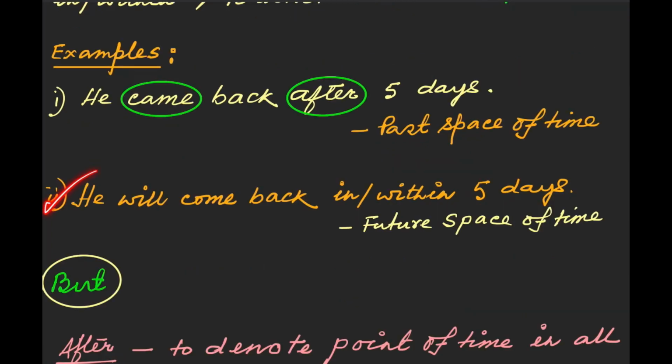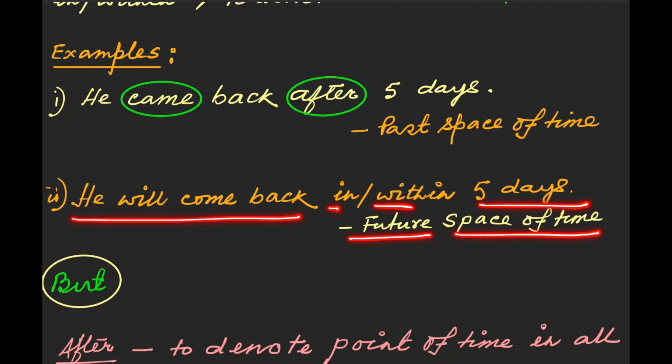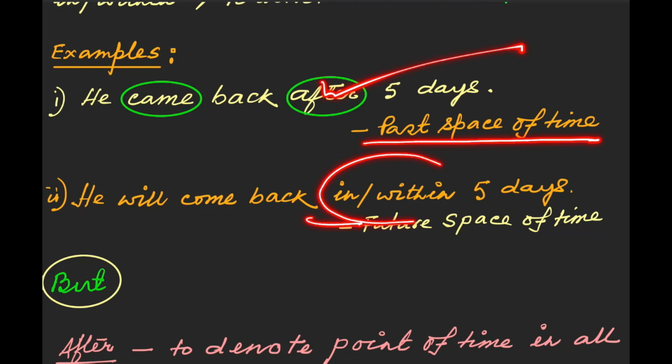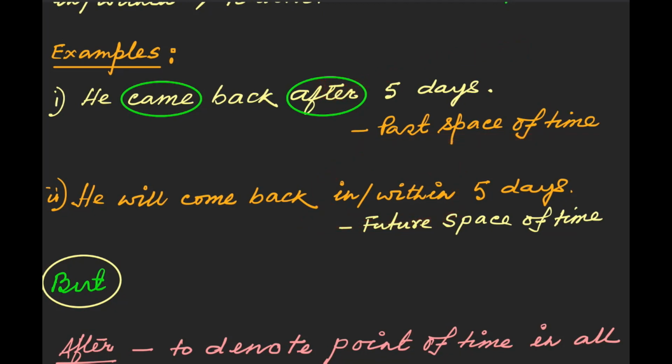See the second example. He will come back in or within 5 days, future space of time. It means he will come back after 5 days, but as it is the future time, you cannot use after, because after is used before the past space of time. To indicate the same meaning in future, you have to use in or within. So your first example is he came back after 5 days, correct?